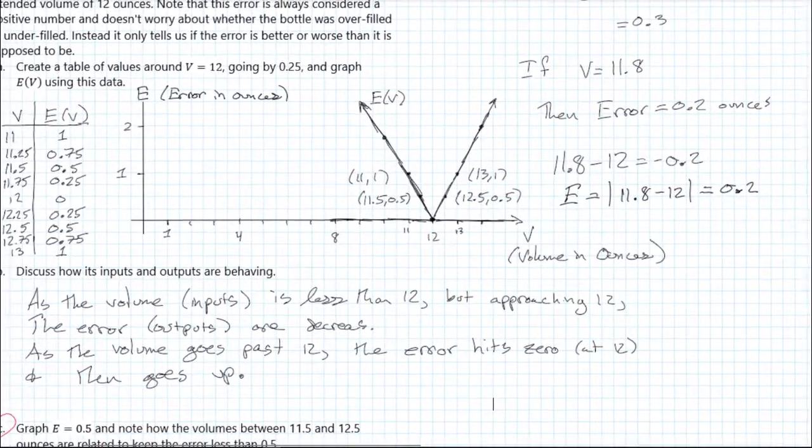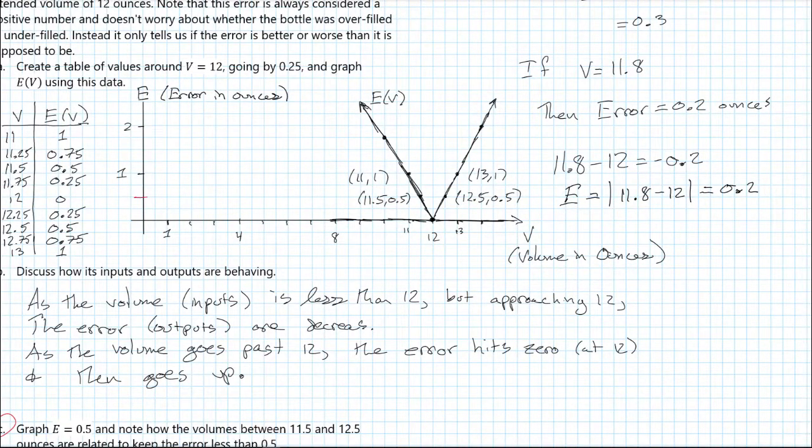I'm going to graph a horizontal line along where the error is 0.5. So I just draw a horizontal line at the 0.5 error level. This is the line E equals 0.5. This crosses our error function at 11.5, comma 0.5 and at 12.5, comma 0.5.